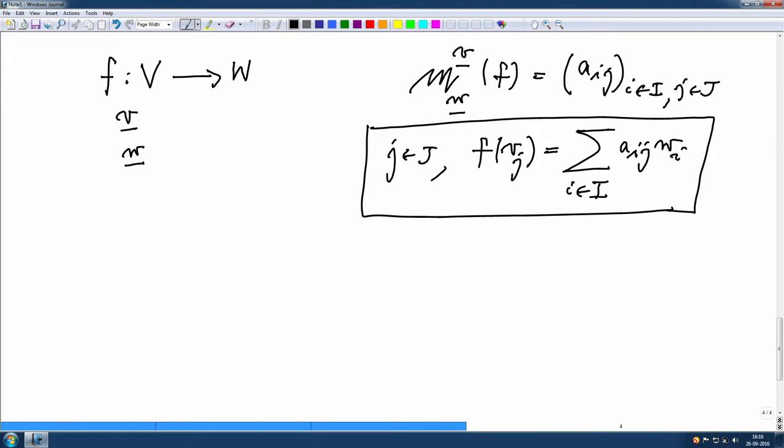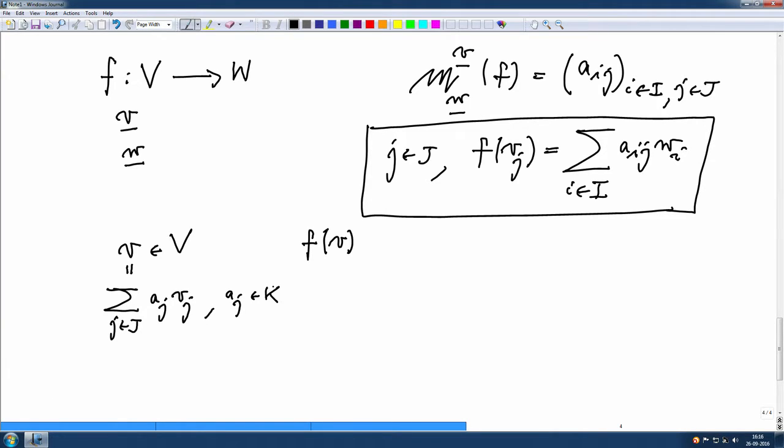Now the first thing I want to note is that suppose I am given a vector v in V, then I know what f of v is. So first take that v and write it in terms of the basis. So you write v as the summation of a_j v_j, j in J. The a_j are scalars. We are assuming finite dimension, so J is a finite set.